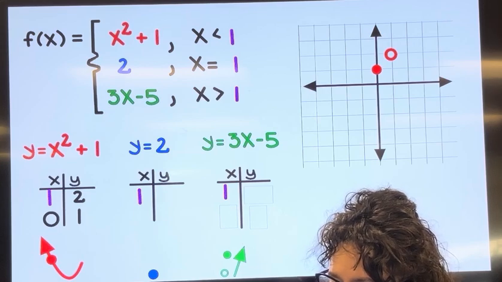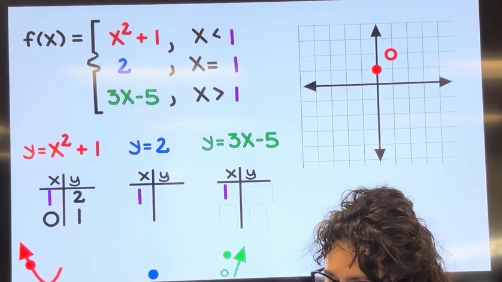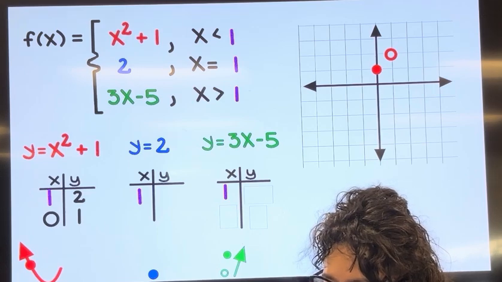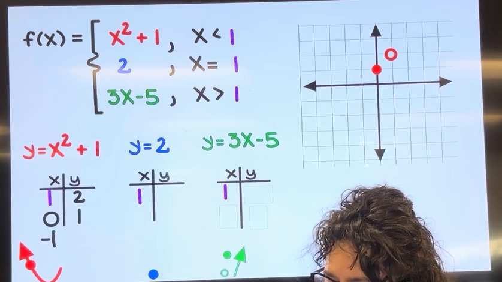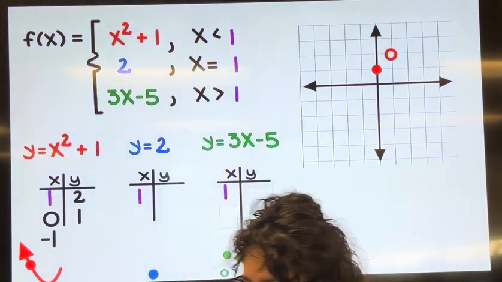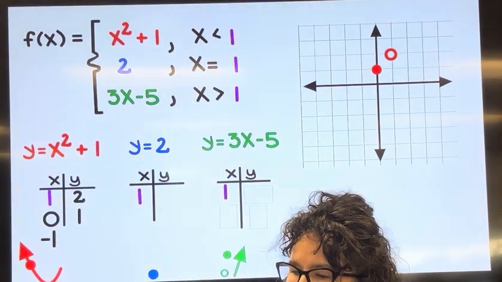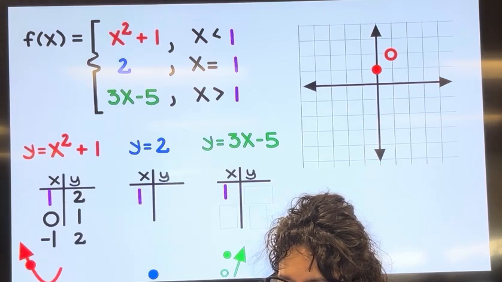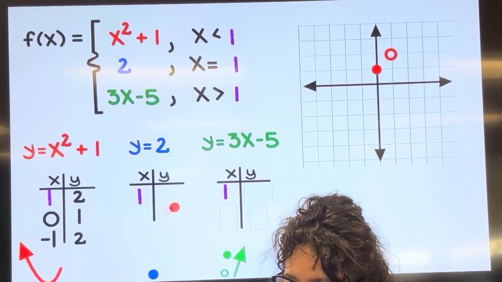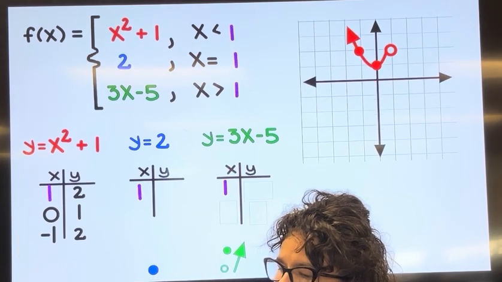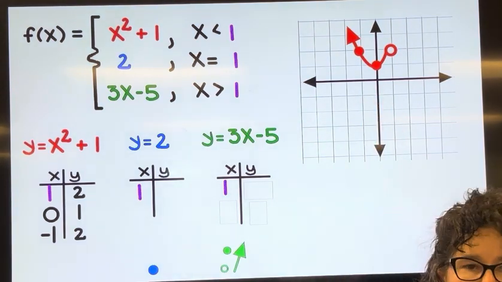Because it's a parabola, I should do an extra point. So maybe let's plug in negative 1, another number that's less than 1, and I get out 2. Okay, then let's plot that point, back 1, up 2, and I'm going to have this piece of the parabola.